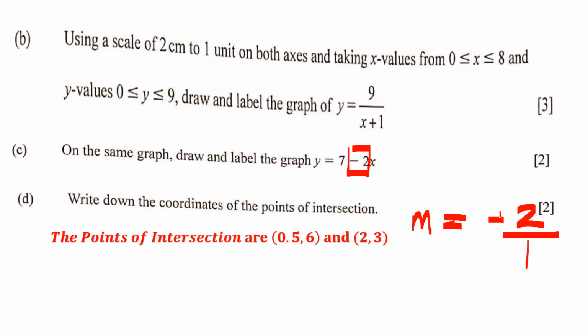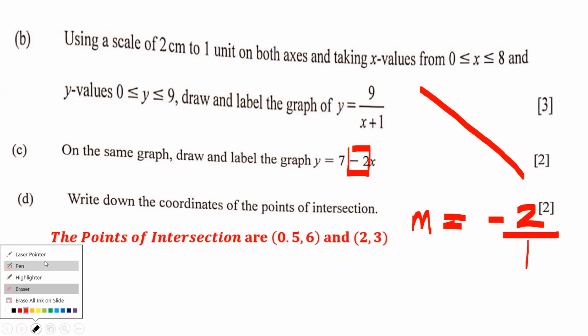Since our slope is negative, your graph is going to go like this. If it was positive, it would go like this. But since it's negative, it's going to be descending, going down like this.